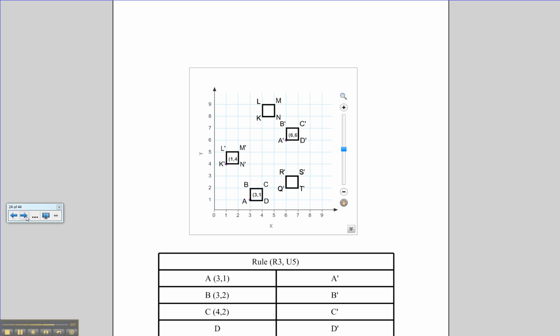C is at (4, 2) because it's over 1 on the x-axis. And D is over 4 and up 1. A', we know, is already at (6, 6) on our grid. B' is up 1 from A', so it's (6, 7). And C' and D' are easily found.